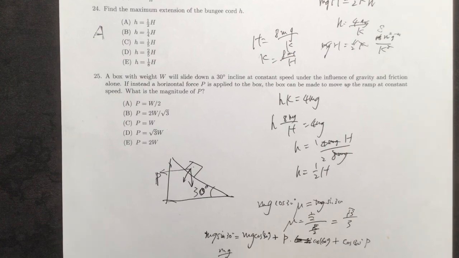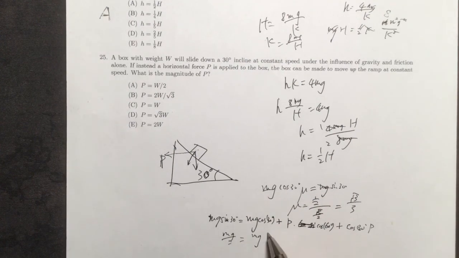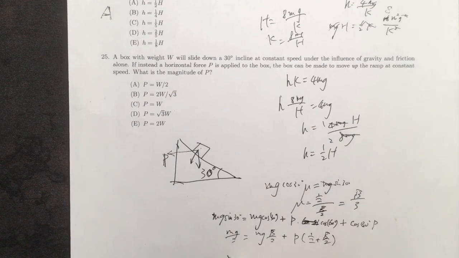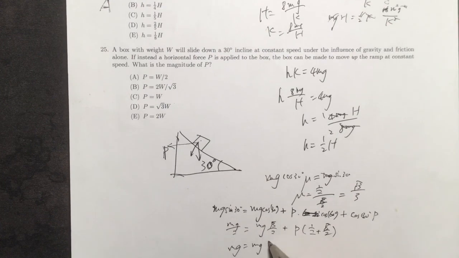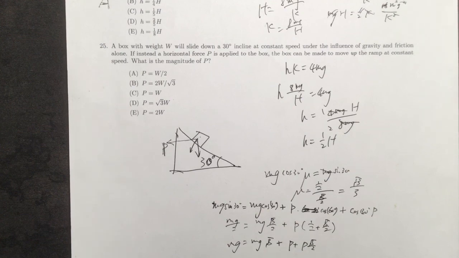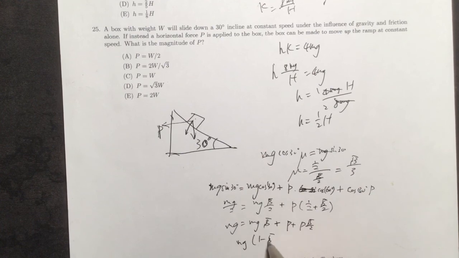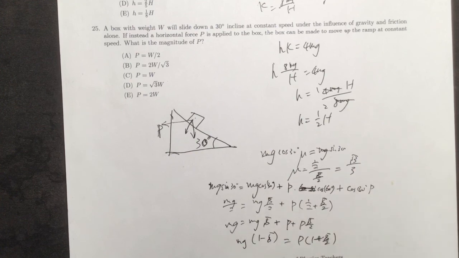So mg divided by 2 has to equal mg times square root of 3 over 2 plus P times 1/2 plus square root of 3 over 2. Multiply by 2 on both sides. So mg is equal to mg times square root of 3 plus P plus P times square root of 3. So mg times 1 minus square root of 3 has to equal P times 1 plus square root of 3.